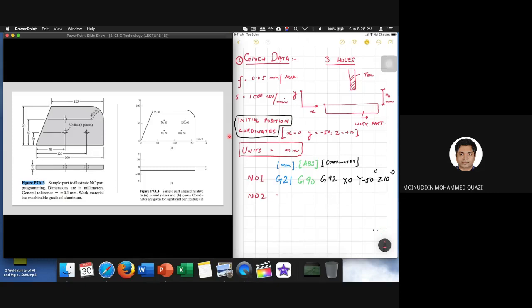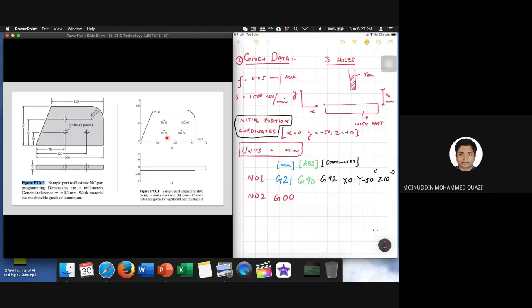So I will use here G00. Point to point movement, but which place? So give us the coordinate of the hole number 1. Coordinates of the hole number 1 are X70, Y30. Because there is no change in the Z direction, there is no need to specify Z again.